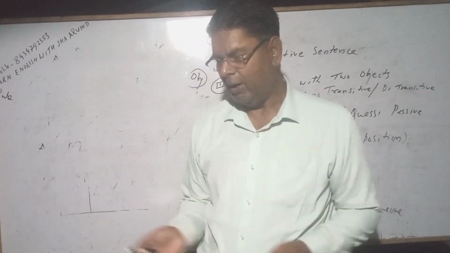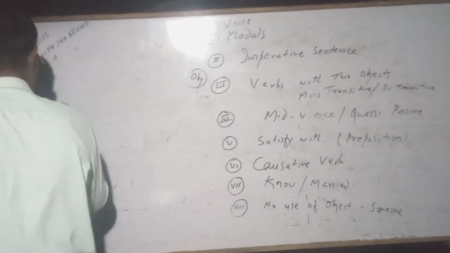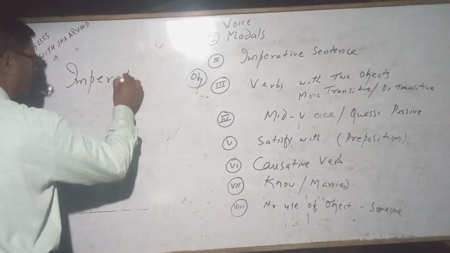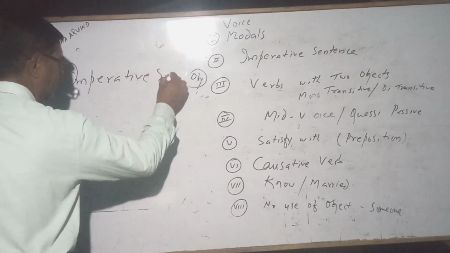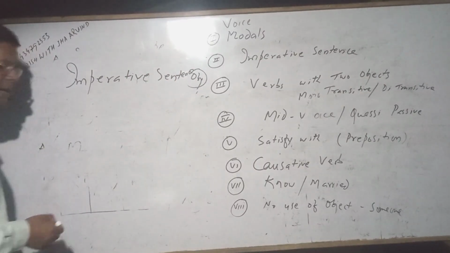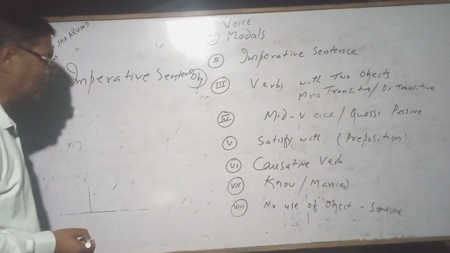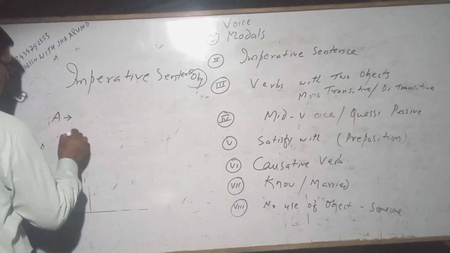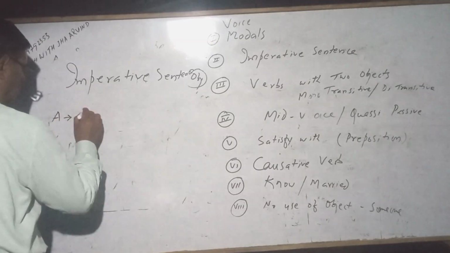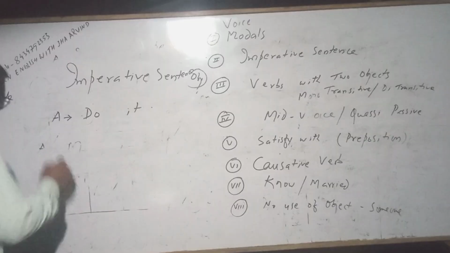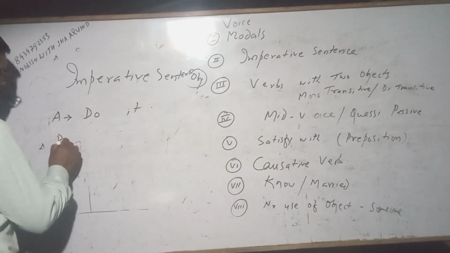In an imperative sentence, generally it starts with a verb. For example, it is here. Do it. Okay, this is an imperative sentence.